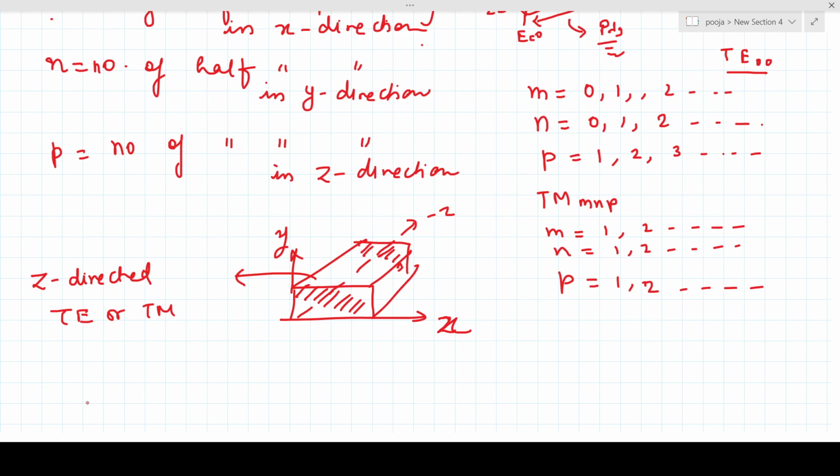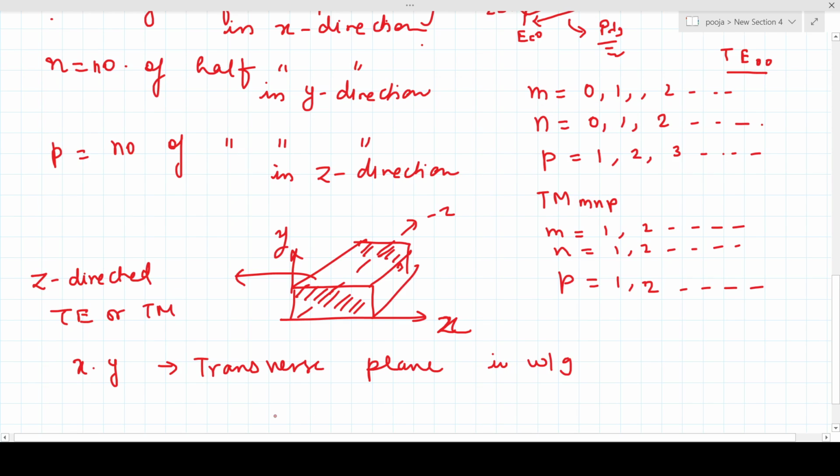But earlier we considered that this xy is called the transverse plane in the waveguide, and the wave was propagating in the positive z direction. That's why we have said here that it is a z-directed TE or TM mode.